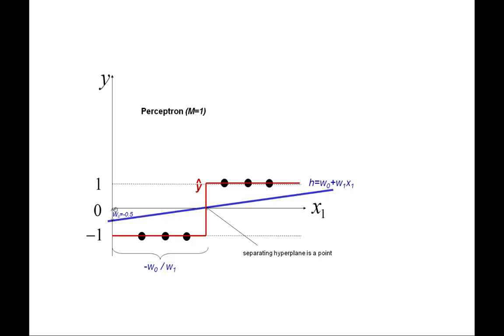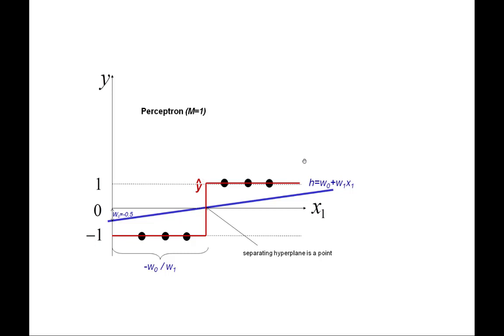In this region, when h of x is smaller than 0, the output is -1. Here are 3 examples. Then at the location where h becomes positive, the output switches to 1, and this is the output of our perceptron. In this case, all these data points are correctly classified, because here they had output value 1, and here they had output value -1.